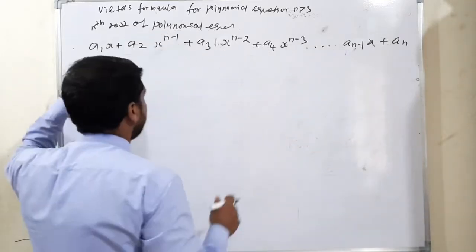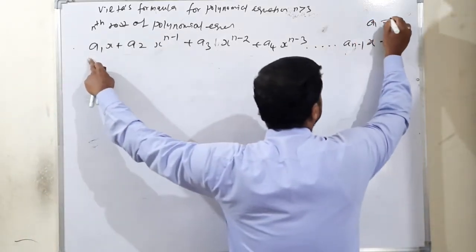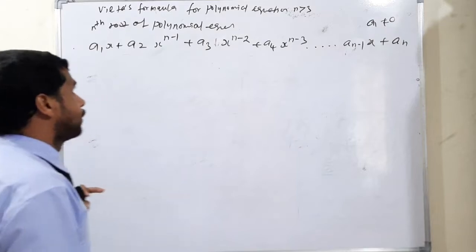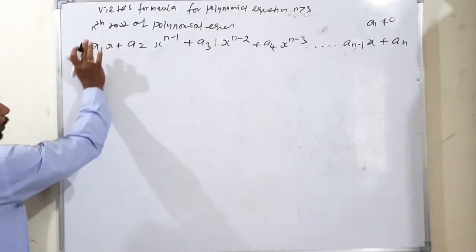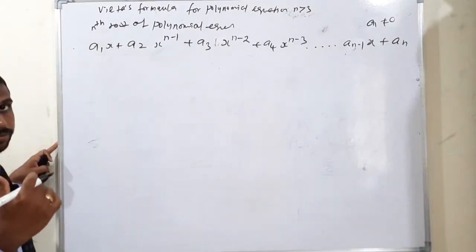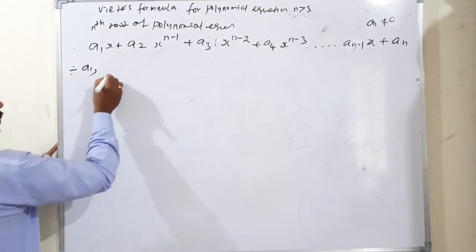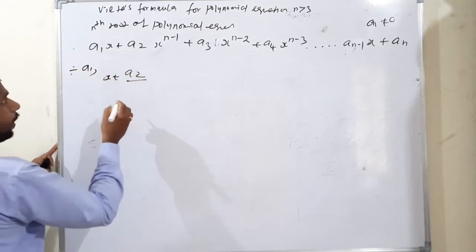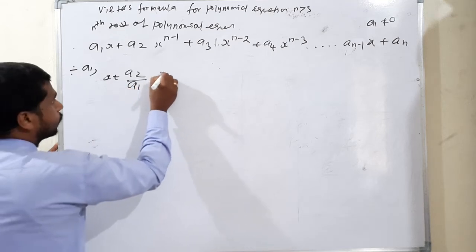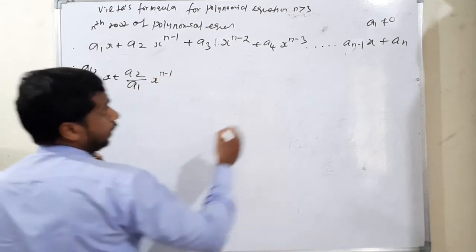Now already you know the leading coefficient always not equal to 0, that is called a1 not equal to 0. Now if you need to change the monic polynomial means each and every time divided by leading coefficient. Leading coefficient means divided by a1, that is x plus a2 by a1 into x to the power n minus 1, that is equal to 0.